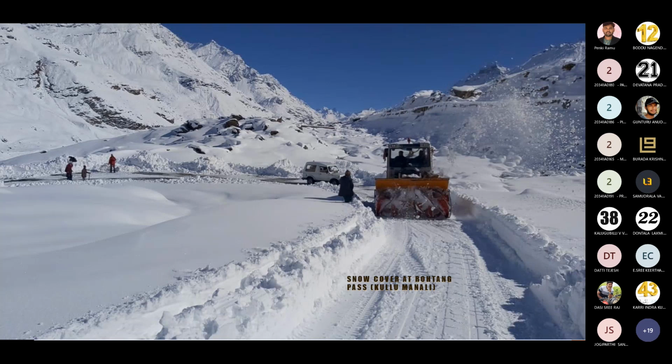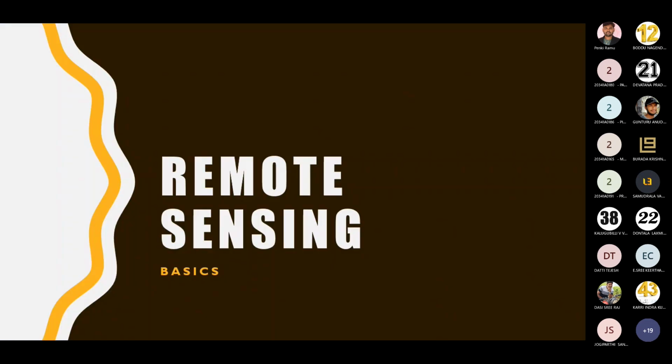So we require a technique with which we can get observations of these different cryosphere components in a convenient manner, and remote sensing has the capability to do that. So we should explore what remote sensing is and how it can be used for studying these cryosphere components.